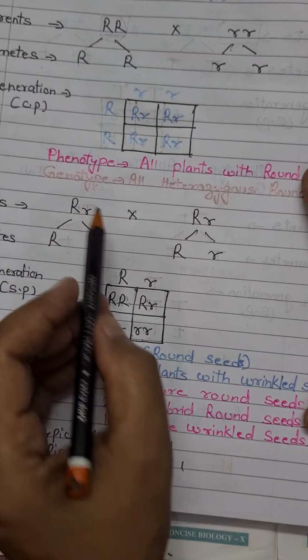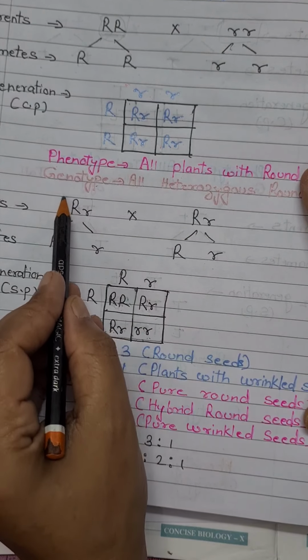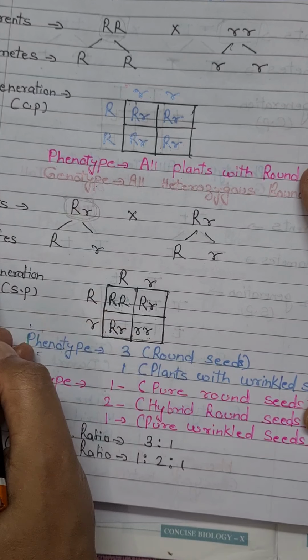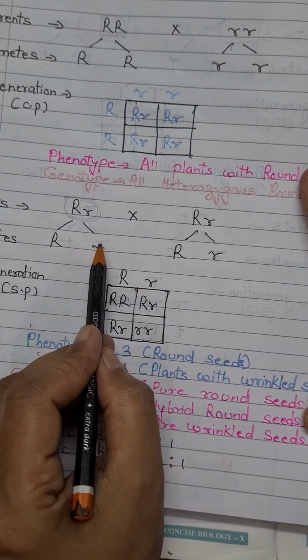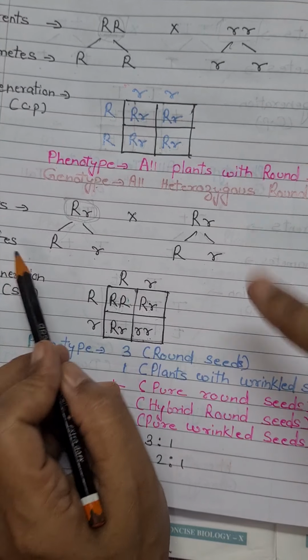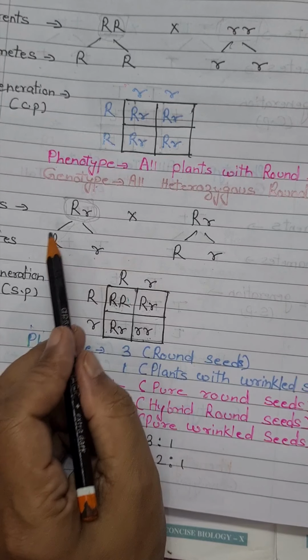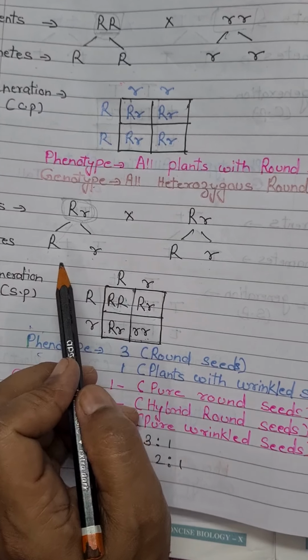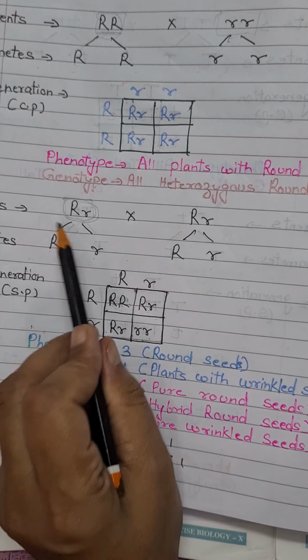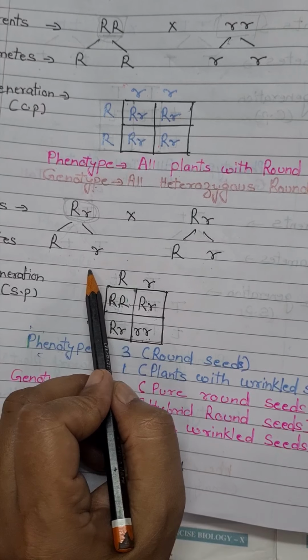In the same way, look at here. These are the two alleles for the same gene. So during gamete formation, they are going to separate from each other. They will never go together into one gamete. So that is the law of purity of gametes, means the two alleles for the same character get separated during gamete formation.